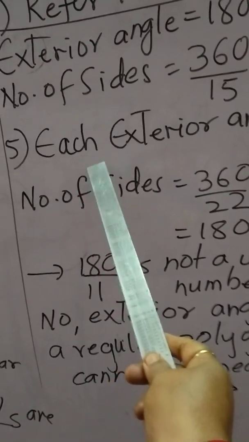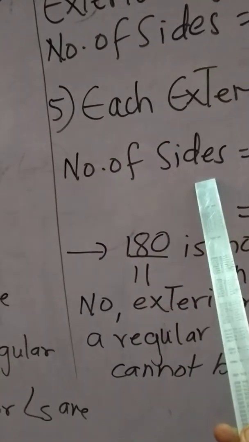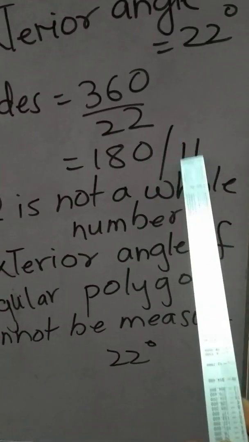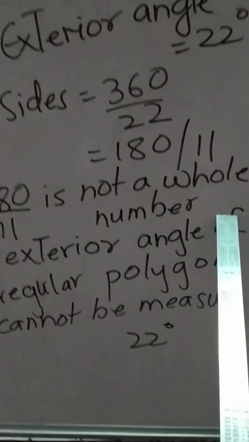Now question number 5. Each exterior angle is given to you as 22 degrees. So the number of sides will be 360 upon 22, how much? 180 upon 11. Now you know that 180 upon 11 is not a whole number.